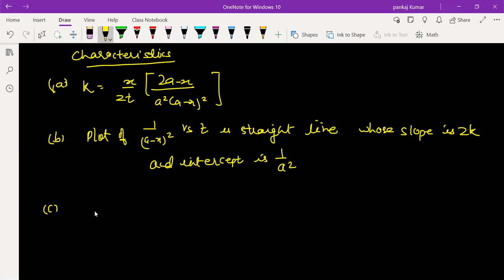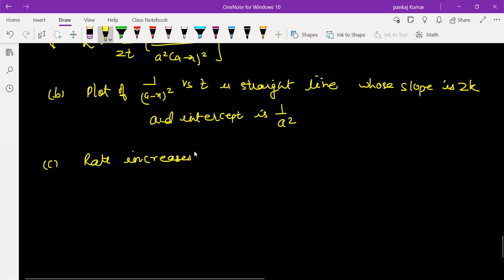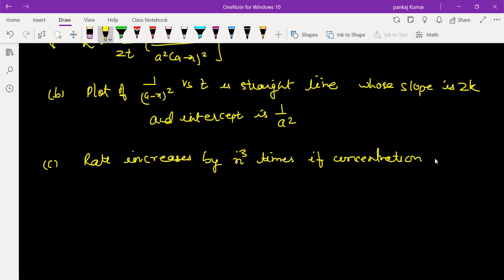Third point, rate increases by n cube times if concentration is increased by n times.